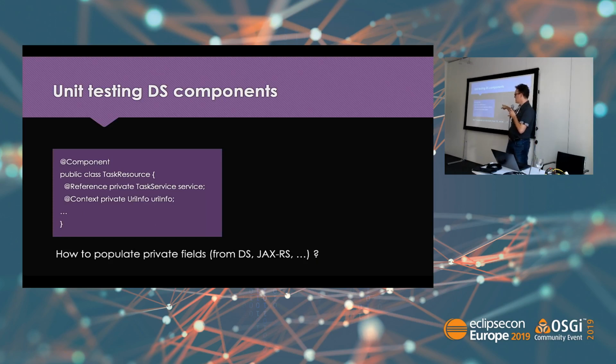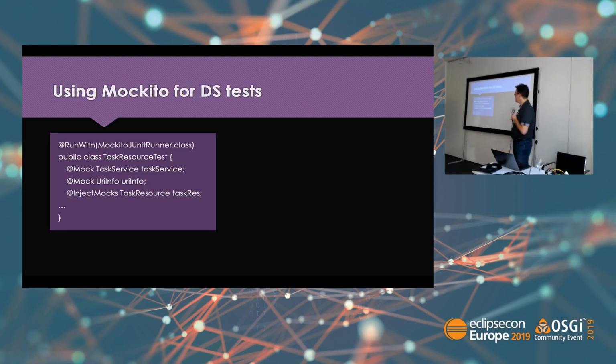These things are something that are not easy to set up with plain Java. So how do you do that? And there is a working solution, and it's not really OSGi specific. I really like Mockito for that, because it can easily inject such private fields into your test.